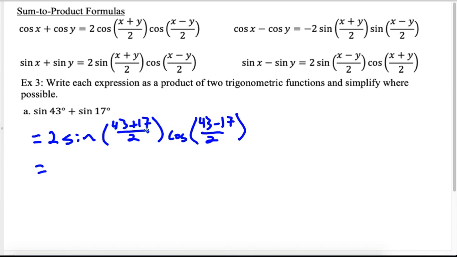So now 43 plus 17 is 60. 60 divided by 2 is 30, right? So this just becomes sine of 30. And then here inside of cosine, 43 minus 17 is going to be 33, 28. That's not right.